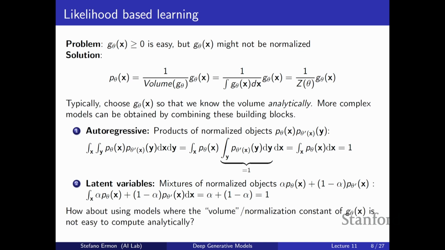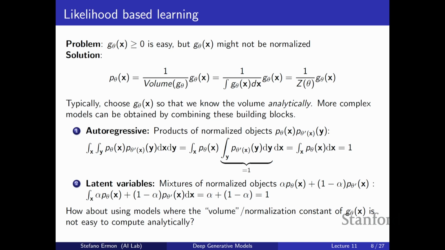So you can think of what we've been doing, building autoregressive models or latent variable models, as clever ways of combining simple normalized objects and building more complicated objects that are normalized by design. But this still enforces some restrictions in terms of how complicated the final object is, and you have to follow these rules to construct objects that are guaranteed to be normalized.